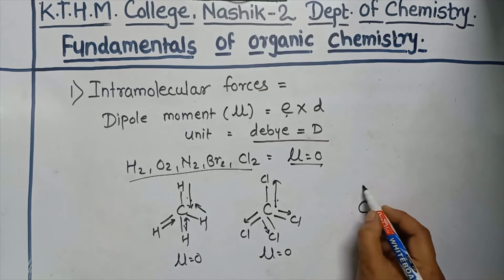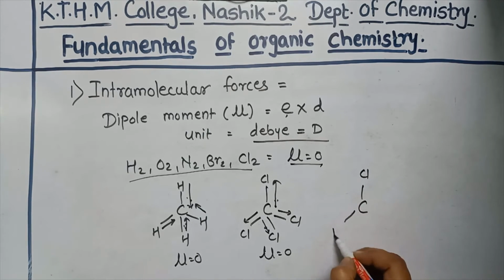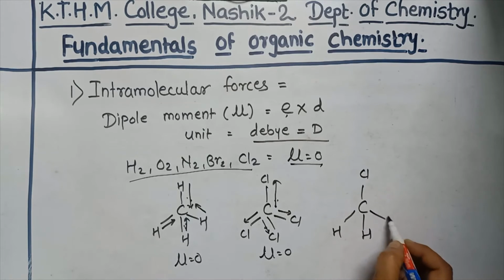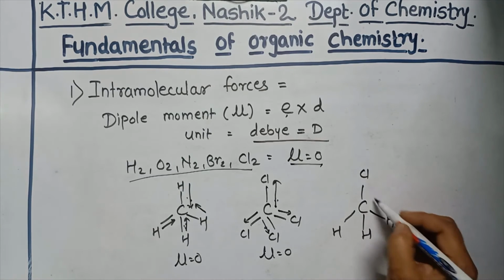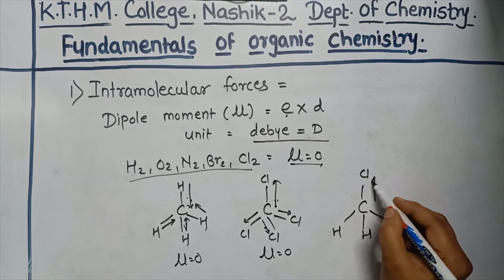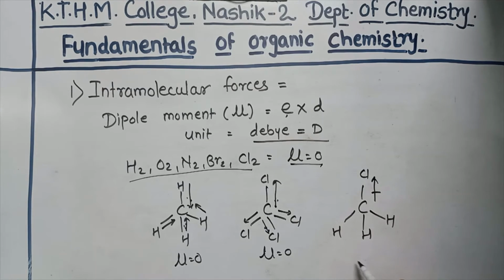And the last example is chloroform, CHCl3. It shows a dipole like this. So here the net dipole is 1.86 D. Here some dipole is present because the dipoles do not cancel each other.